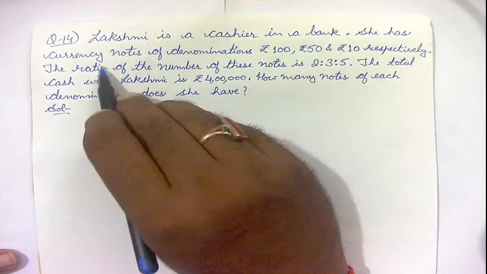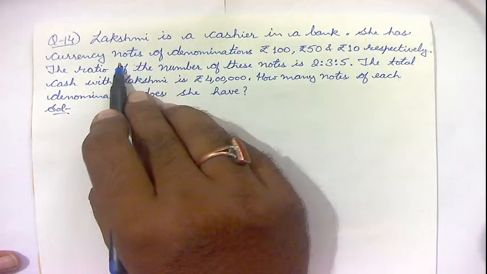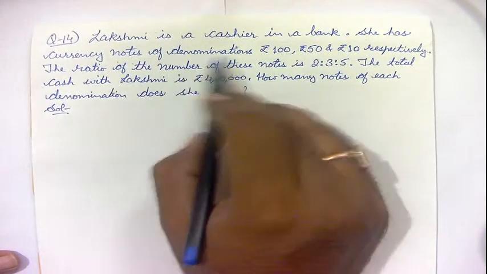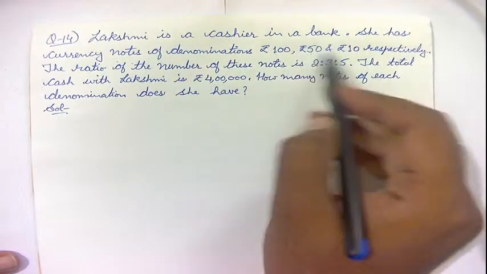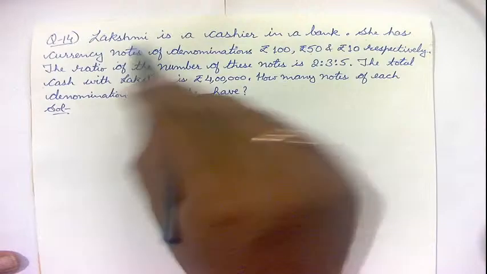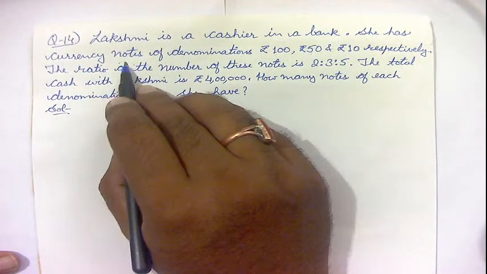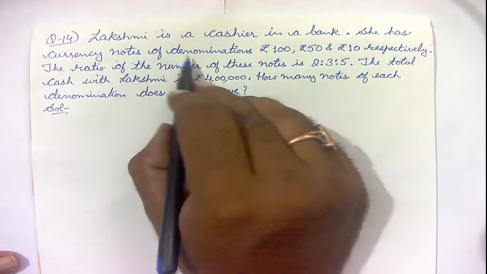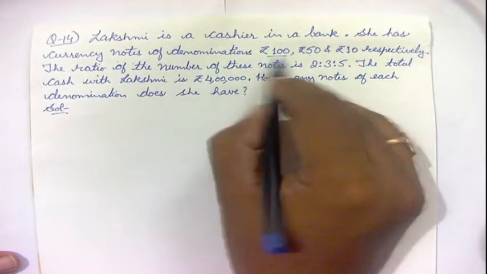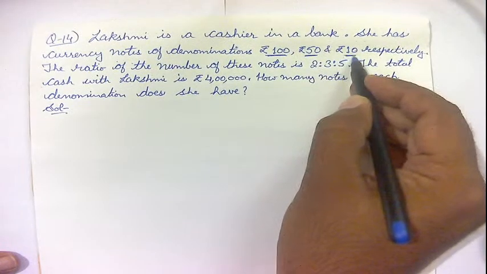So she has currency notes. Currency notes means it is the amount, the notes which are there, of denominations rupees 100, rupees 50 and rupees 10 respectively. Now Lakshmi is a cashier, so she is having some notes. The rupees is there, and those notes are of 100 rupees, 50 rupees and 10 rupees.